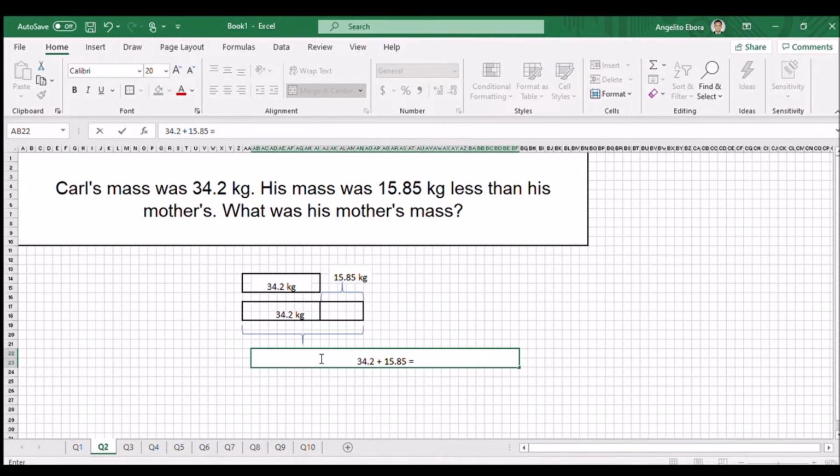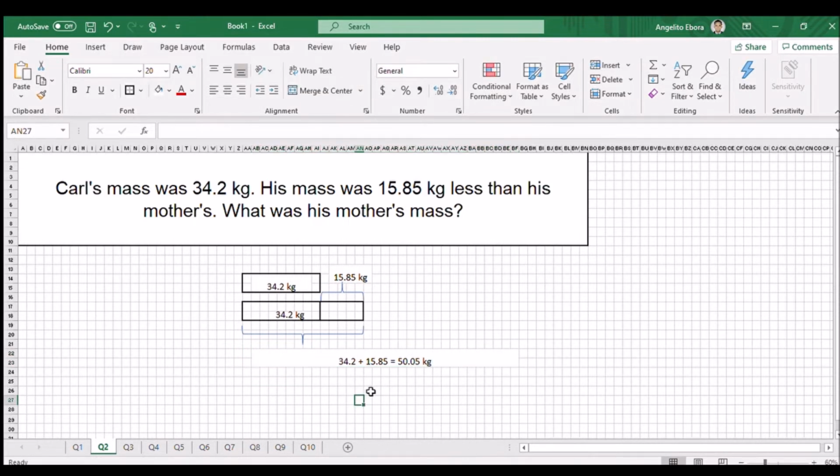What do you think is the answer? Okay, so correct, 50.05 kilograms. So that's the answer for our second question.